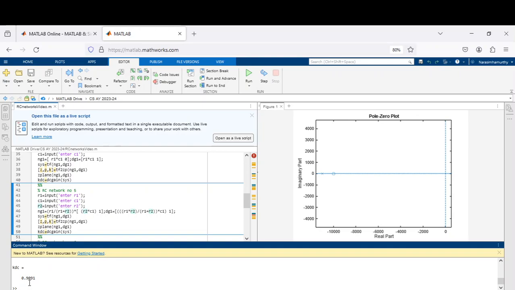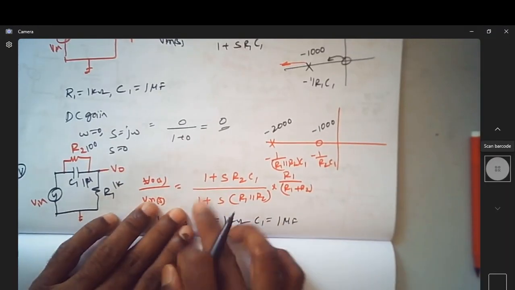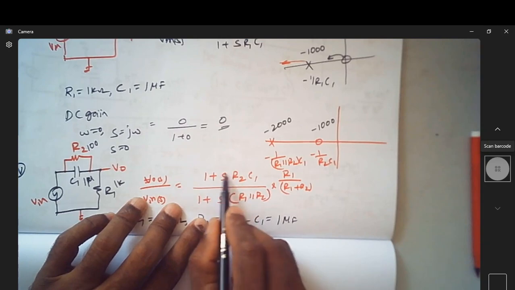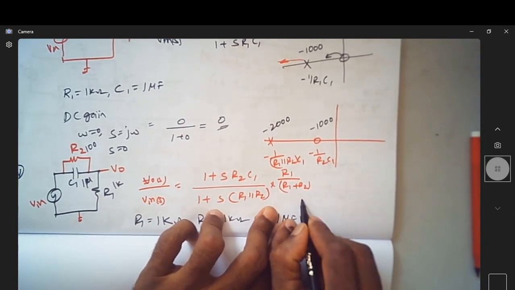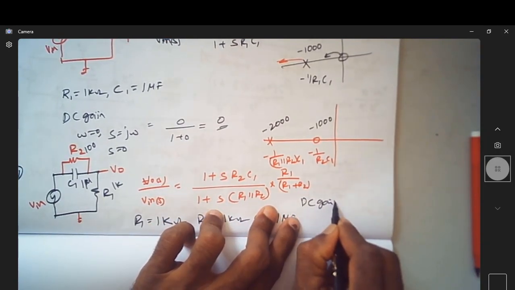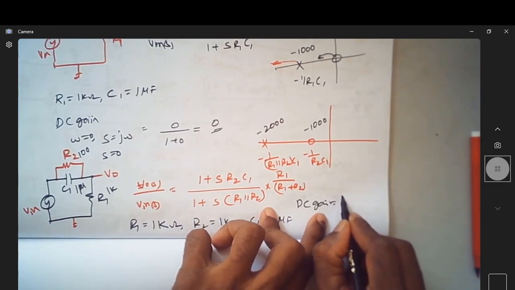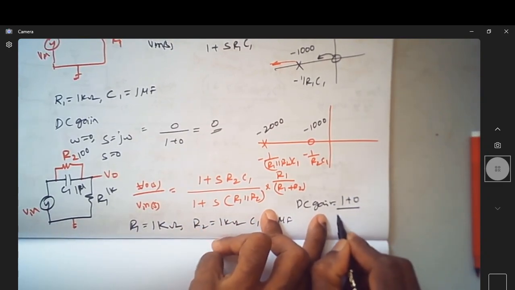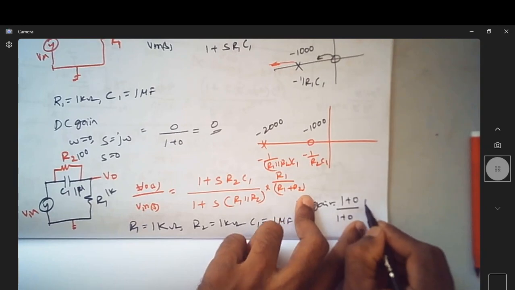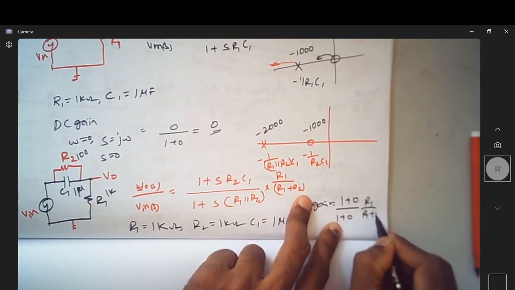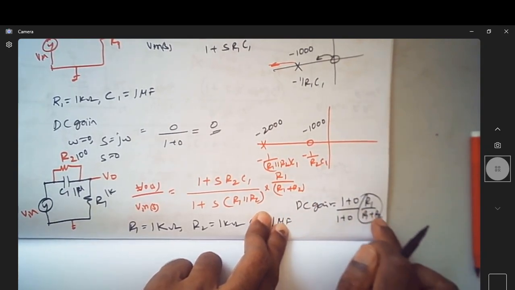Okay, what is the DC gain? DC gain happens to be this much. Can you see now this is 0? So what is DC gain of this? DC gain of this is 1 plus 0 divided by 1 plus 0, and you have this as R1 by R1 plus R2. So DC gain is actually R1 by R1 plus R2.